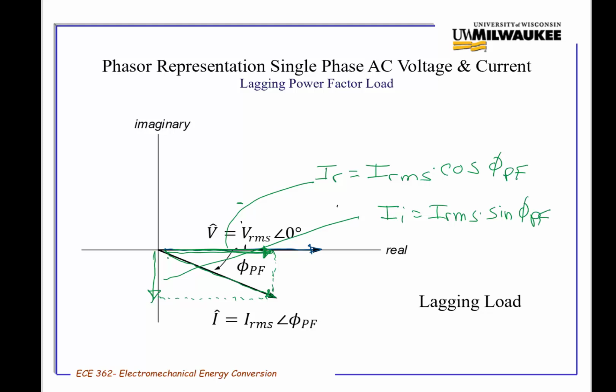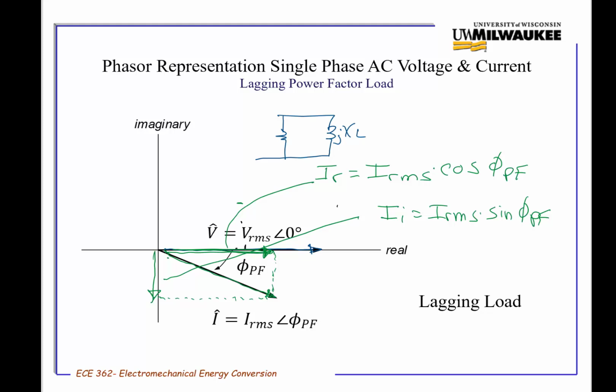We had this example of purely paralleled R and L. So we had an R branch and an L branch. This is XL. The impedance would be shown as JXL.